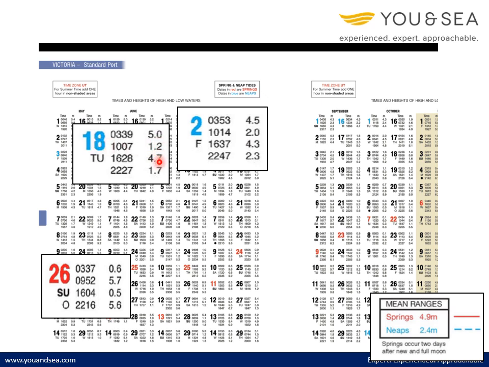But if we take the range here, we've got a 3.8 metre range of tide and a 3.5 metre range of tide here, which puts us on a mid-tide. So the neap is too small and the spring is too big. So it's well worth working out the range of tide on the day in question.